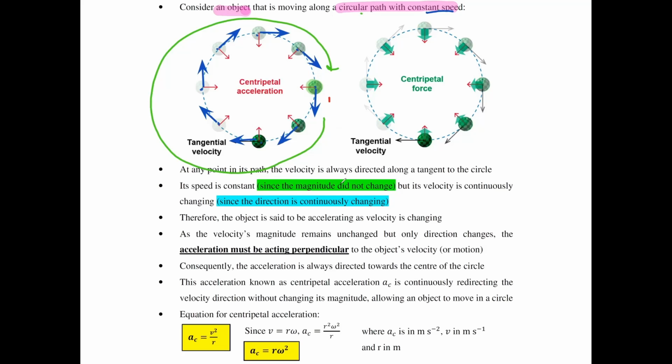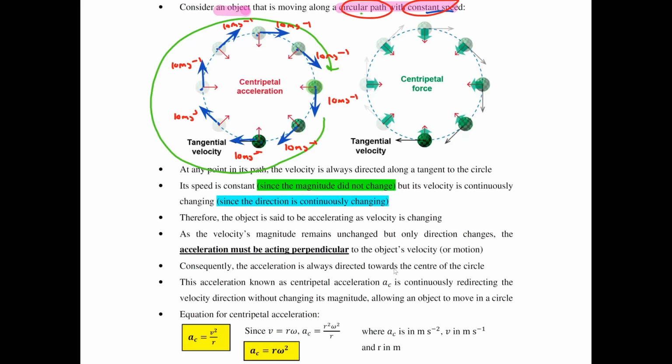If let's just say this one was at 10 meters per second, at all the other points the linear speed would remain the same. This is what we mean by something moving in a circular path with constant speed. The linear speed or the instantaneous speed remains the same throughout.